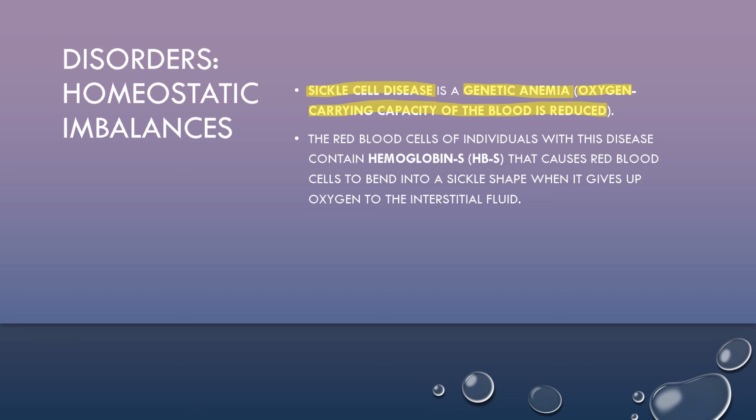Now, the red blood cells of a person with sickle cell disease contain hemoglobin S, abbreviated HbS. Now, when HbS gives up oxygen to the interstitial fluid, it forms these really long, stiff, rod-like structures that will actually bend the erythrocyte into this sickle shape.